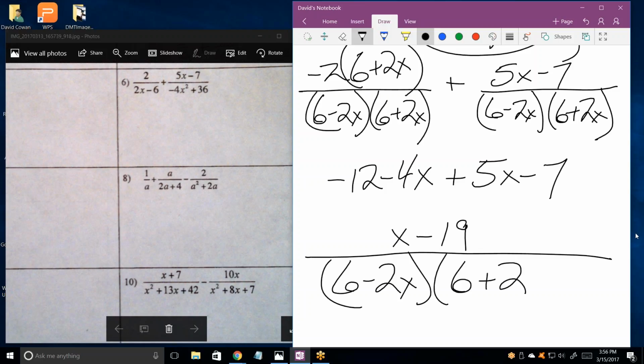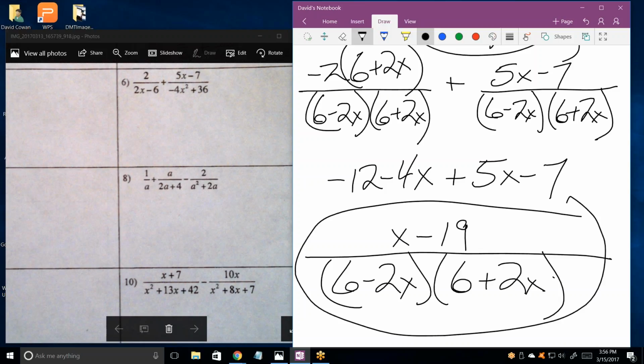Again, I leave it in factored form, just in case I've got anything in the numerator that could cancel out with that. In other words, maybe I've got 57x minus 19. Well, that wouldn't quite do it. But if I've got something in the numerator that I can divide by one of these factors in the denominator, then I'm going to be able to simplify it.